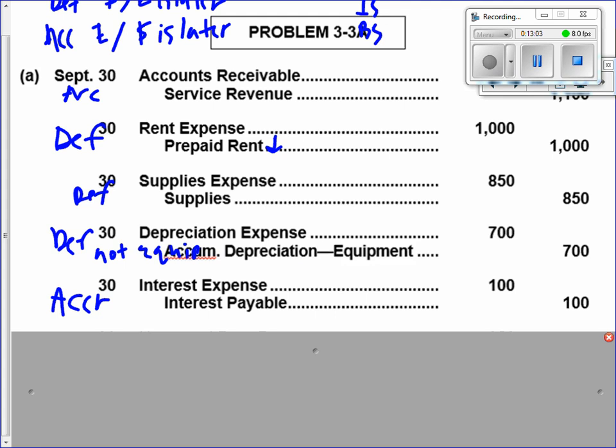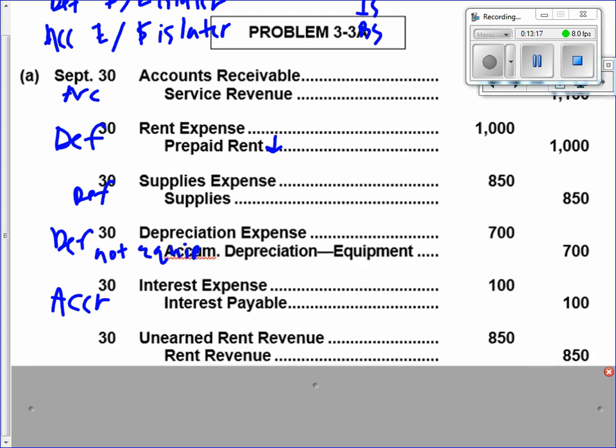So unearned rent revenue, as we perform that owed liability and it's reduced, it turns into earned revenue. So unearned turns into earned. So you will see unearned rent revenue go down. The liability will be decreased. That's above the line. So then we'll use below the line income statement as rent revenue.